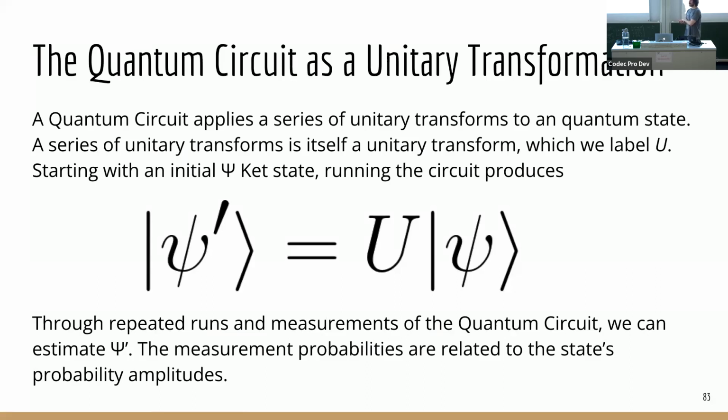It's generally very challenging to know what the exact probability amplitudes are, and it becomes challenging to measure them. And again, the measurement probabilities are related to the probability amplitudes.